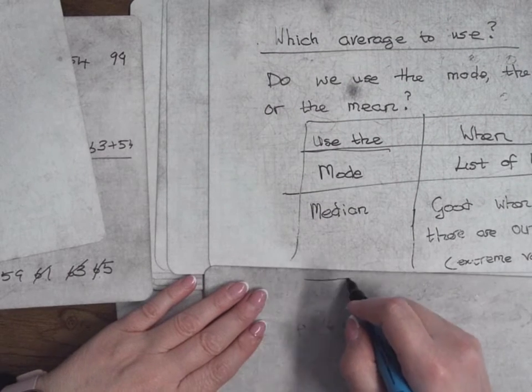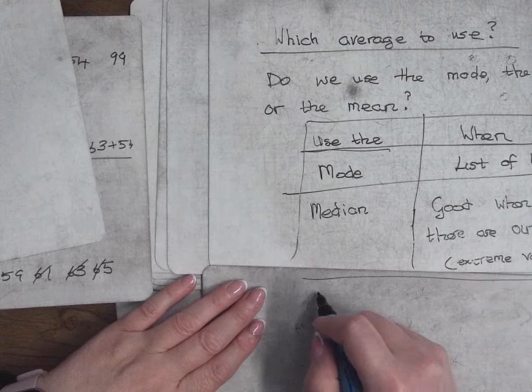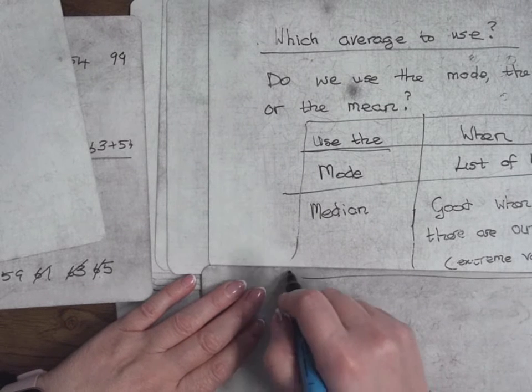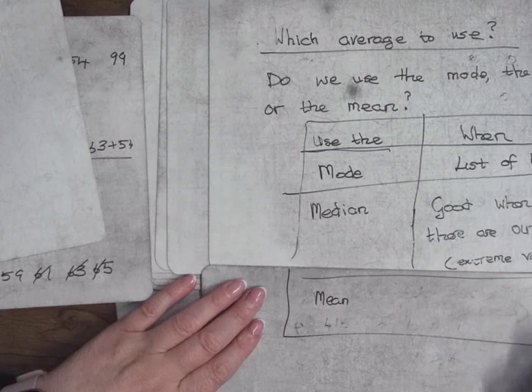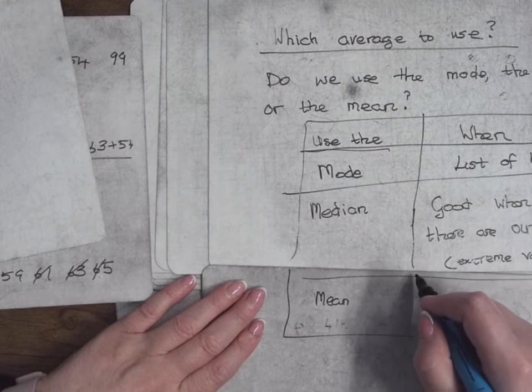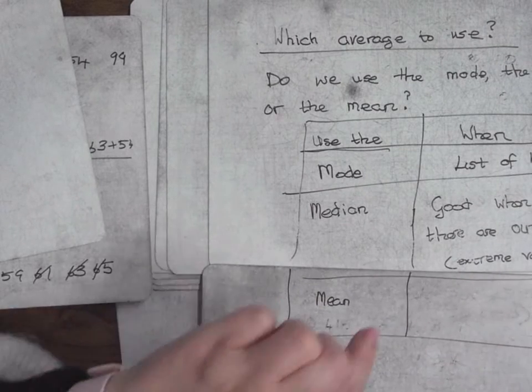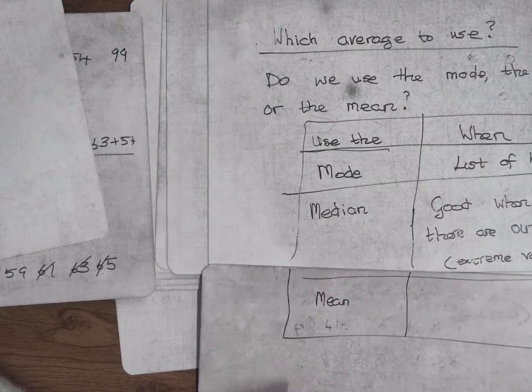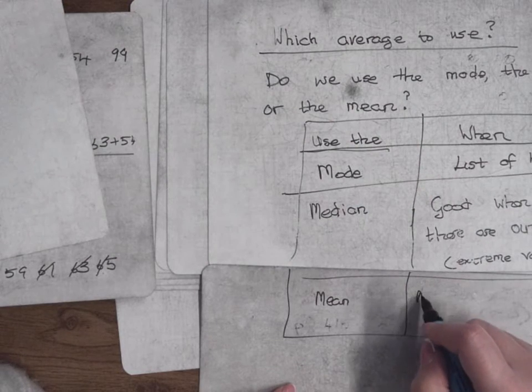The mean. You use the mean on every other occasion. So the mean is always the best one to use, except when it's a list of words and except when there are outliers.